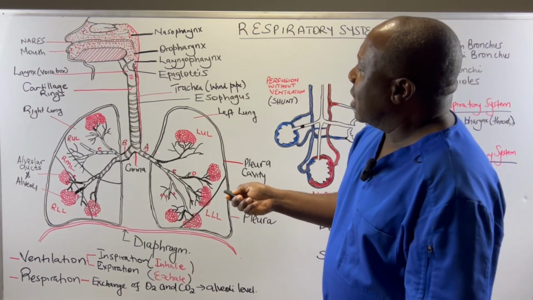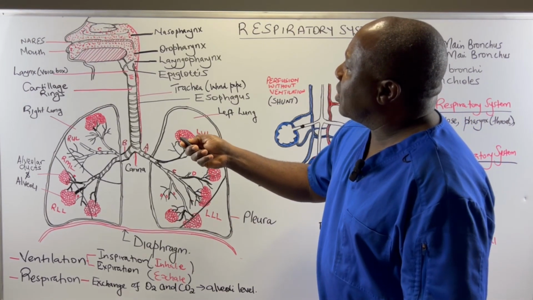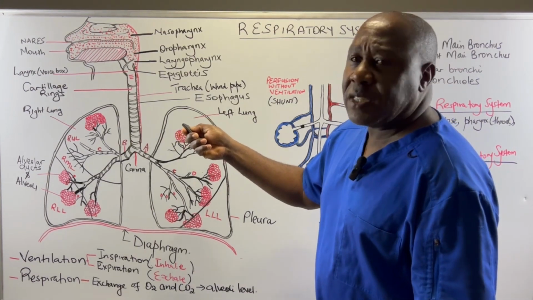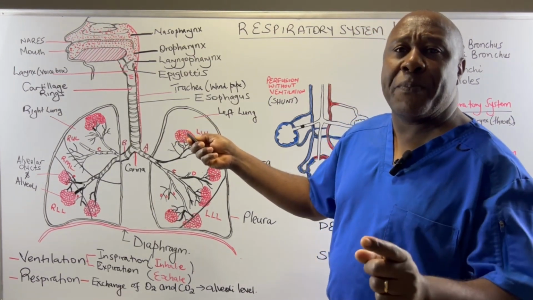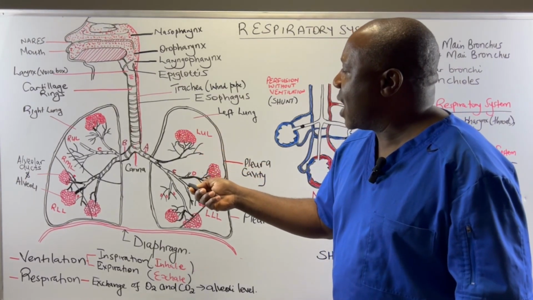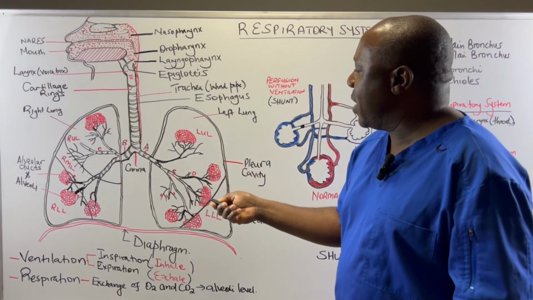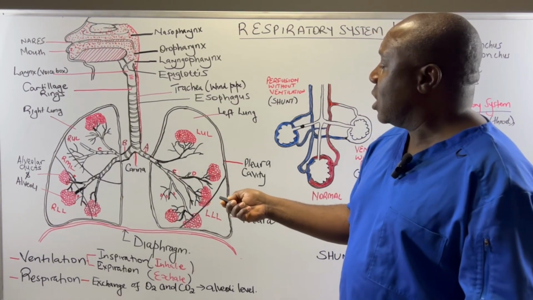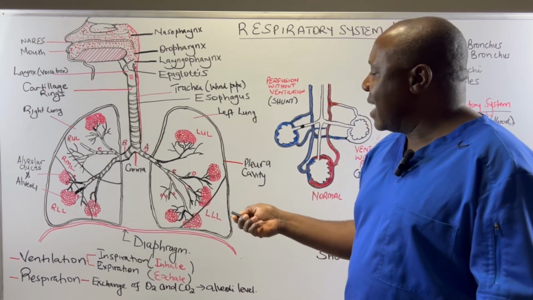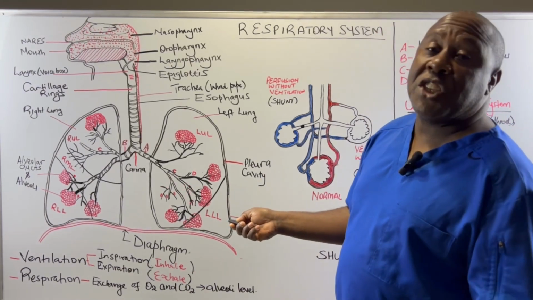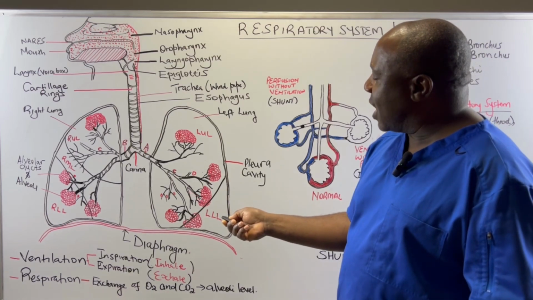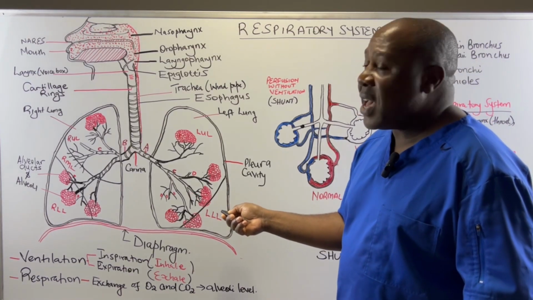These portions of the respiratory system have air, but they don't participate in gas exchange. The trachea and the main bronchi, all the way to the bronchi and the terminal bronchioles, do not participate in gas exchange. So gas exchange begins at the level of the respiratory bronchioles, to the alveolar ducts and even the alveoli.